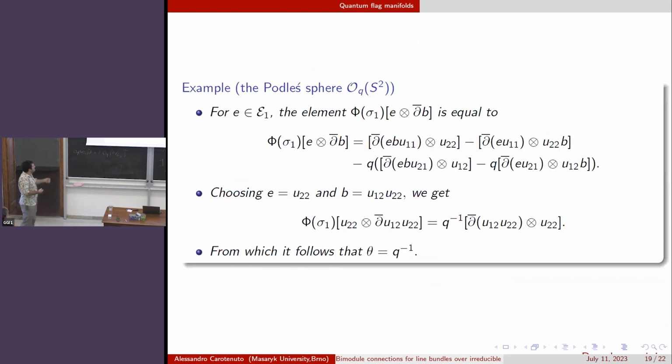And if we work further on the Podleś sphere example that I was telling you about before, we find that locally my bimodule map is just the flip of the elements inside of Omega^1 and the elements inside the line bundle, up to the constant q to the minus 1.